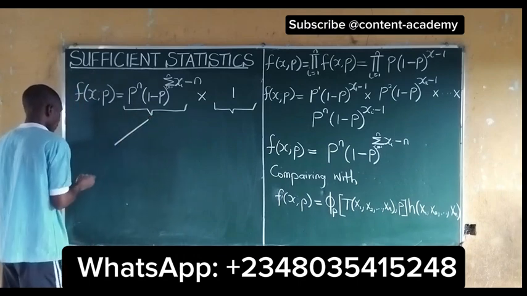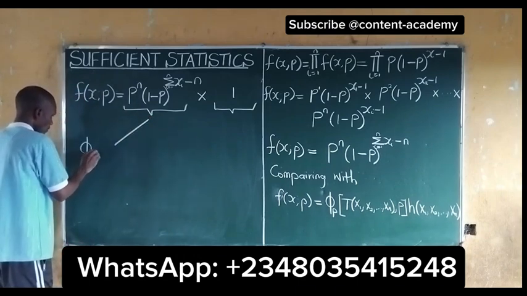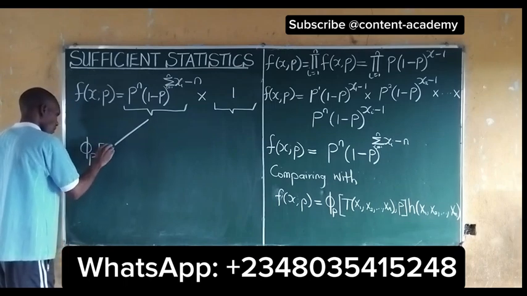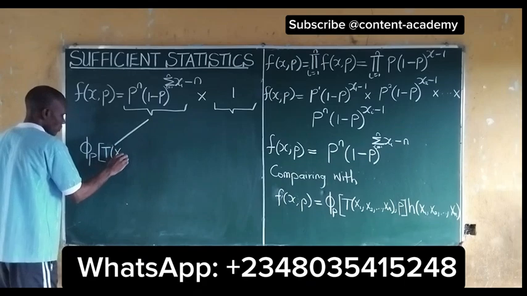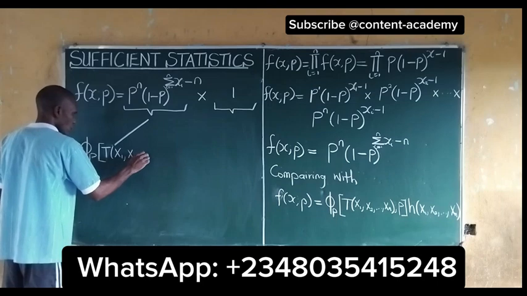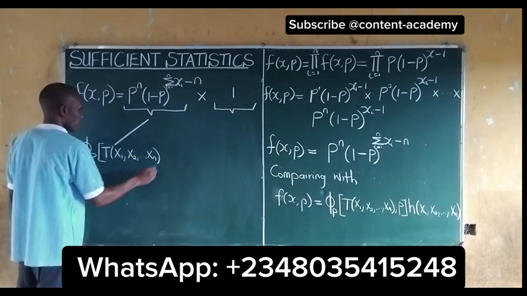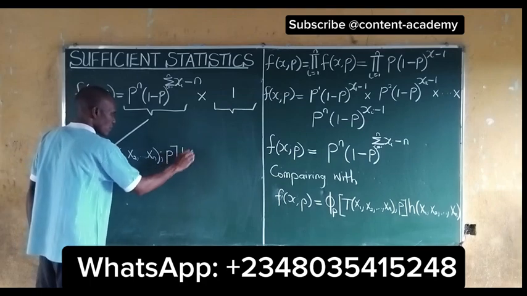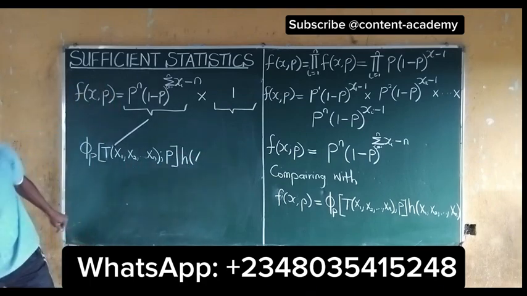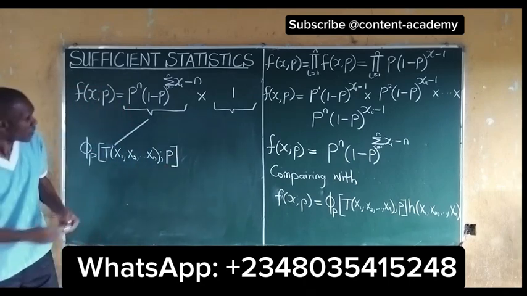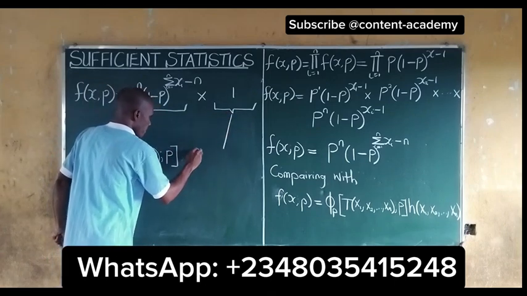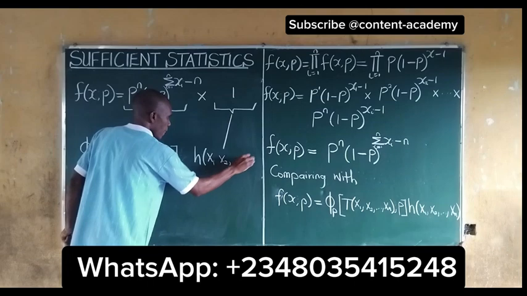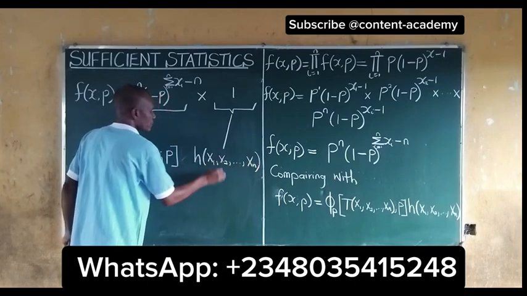So in this, we have this as one of the components and this as another component. This component will be g of p times our sufficient statistic, which is x1, x2 to xn, as it depends on p, and the other one here also does not depend on p.